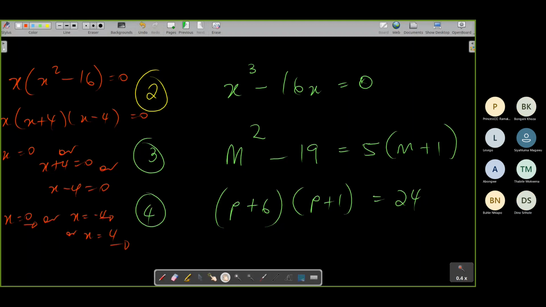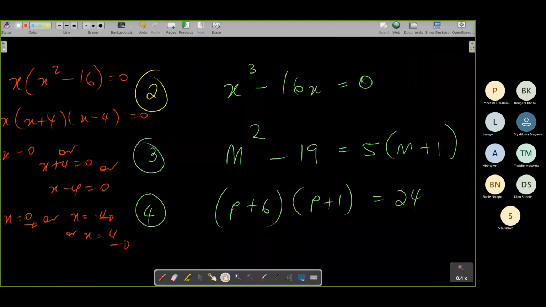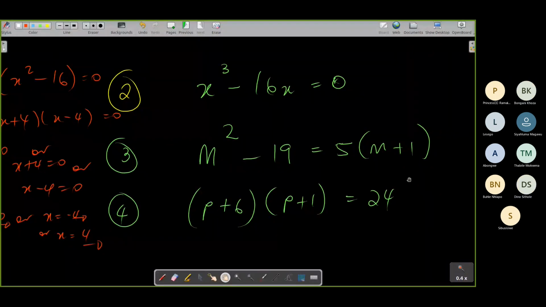Number 3, anyone stuck there? I got the values for number 4, sir. All right, do number 4. Let's give people a chance to do number 3 before they start cooking up answers.